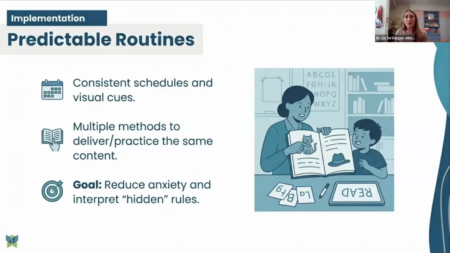There was nothing about her learning. She could access the information if we had these predictable routines down for her. She is actually extremely intelligent. Again, with our neurodiverse students, it's not a learning issue. It's an access issue. So we have to break down those barriers.